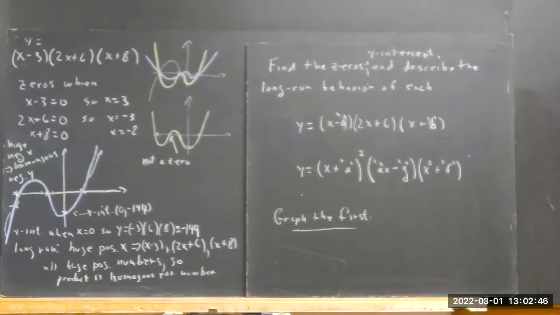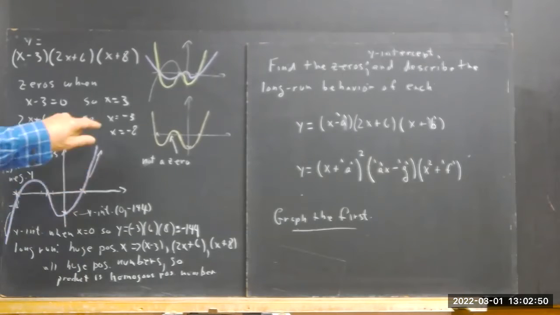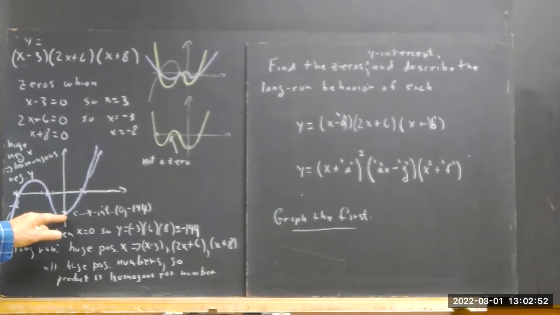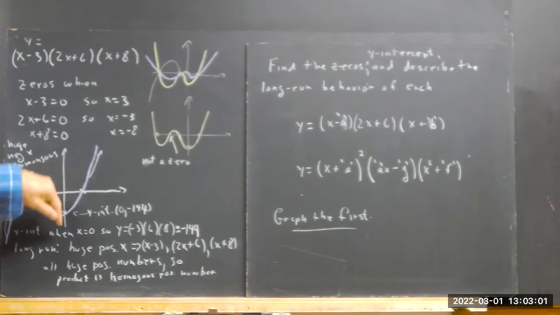Okay? And very seldom will the y-axis be your lowest point. You draw the thing so it goes through the points, and you don't try to make this the lowest point. I would actually make it a little shallower here, and maybe the low point even be on this side.